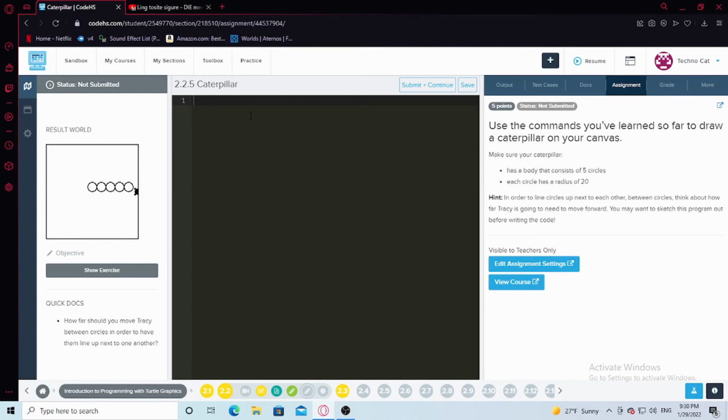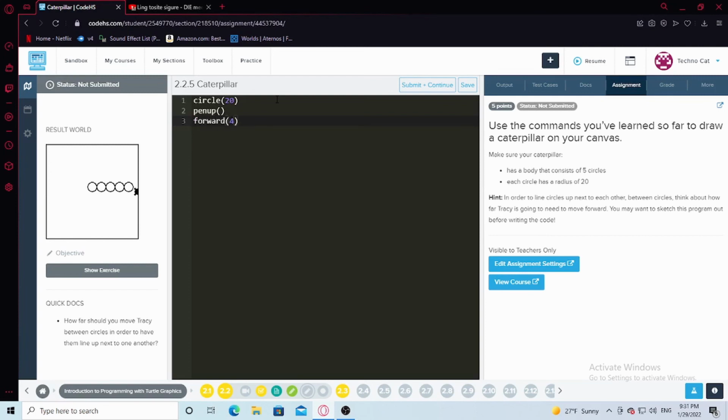So first we're going to start with, pen down is automatically what you start with. So we're just going to say circle, and then we're going to put the radius of 20. So, after we have that radius, we're going to do the pen up, so she doesn't draw on her way to the next circle. And then, if the radius is of 20, then does she need to move 40 in between?